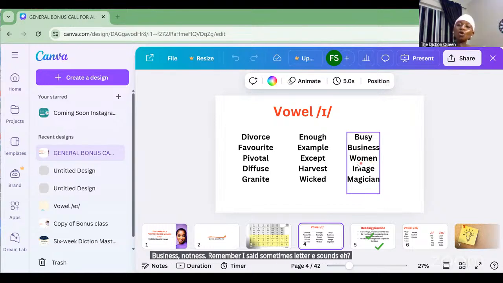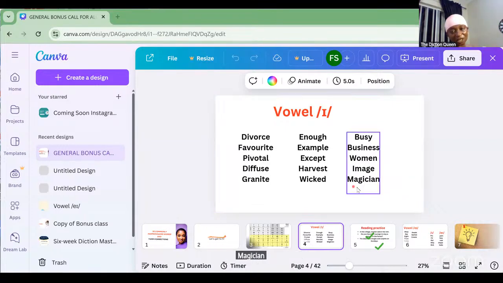Women. The plural of woman is women. I love women in business. Not I love woman in business. Image. Magician.